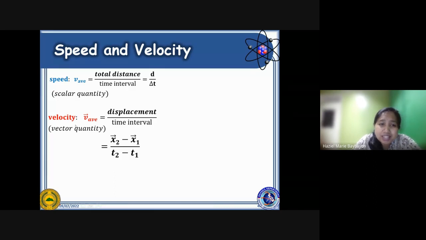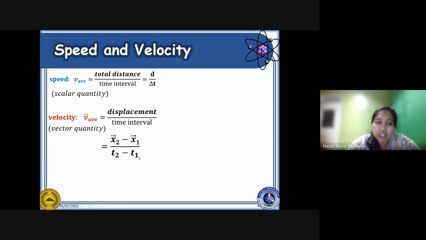While velocity is defined as displacement over the time interval. So, speed is total distance over time interval, and velocity is displacement over time interval. Velocity is a vector quantity and since displacement can be expressed as x final minus x initial, then we can write that in the numerator, divided by the time interval, delta t, which means t final minus t initial.